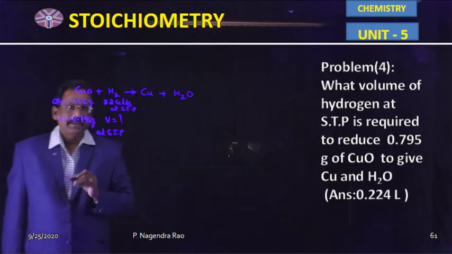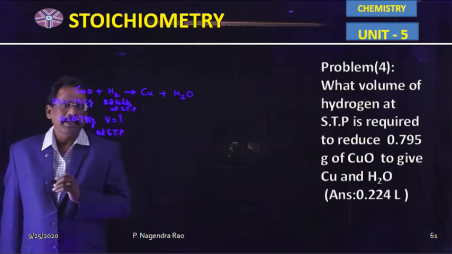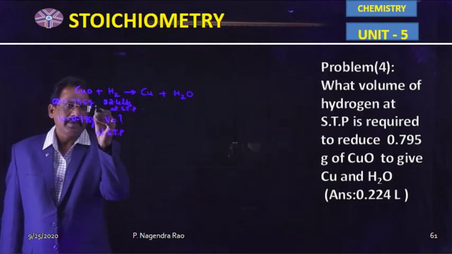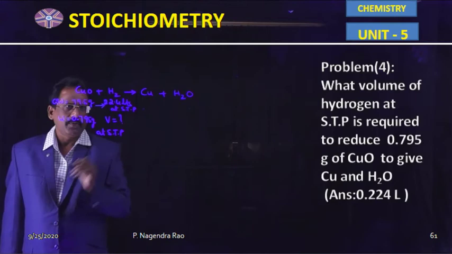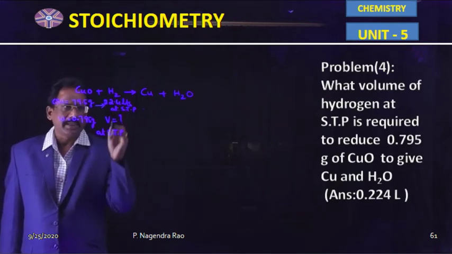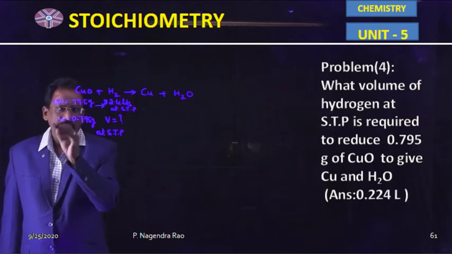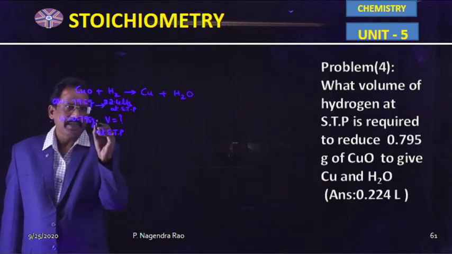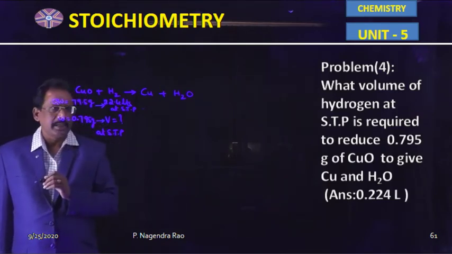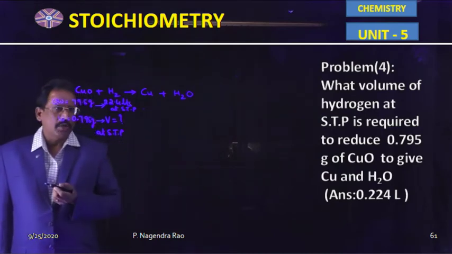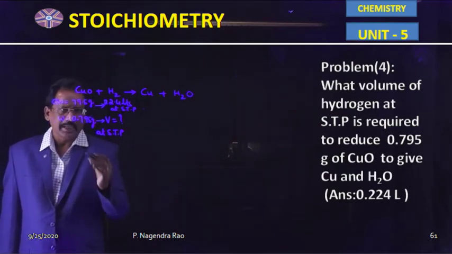So from this chemical reaction, 79.5 grams of cupric oxide requires 22.4 liters volume of hydrogen gas at STP. Therefore, 0.795 grams of cupric oxide requires how much volume of hydrogen gas at STP?